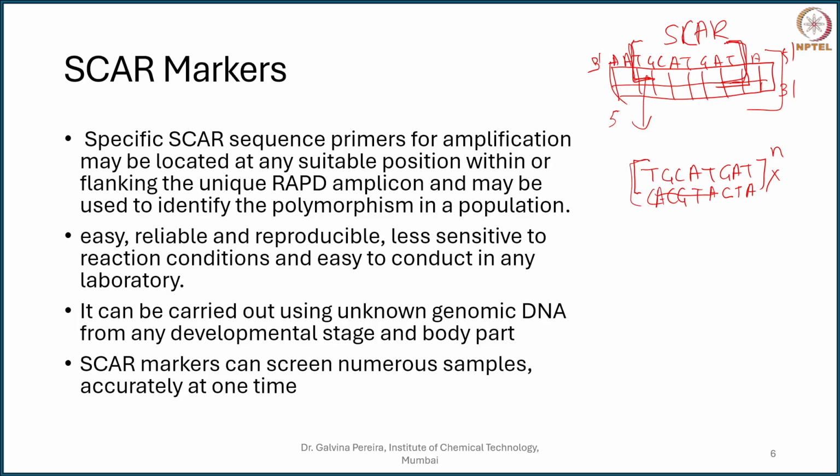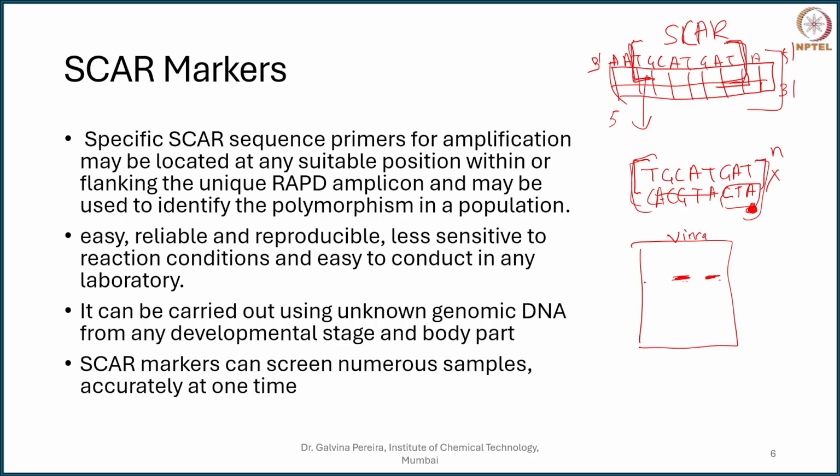Now next time when I have to check whether my formulation really contains Vinca or not, I will use this particular primer, which is radio labeled. Once I radio label it, I know in my electrophoresis, if this is the primer band and this is the sequence which I am getting for my Vinca, because they are the same in size, that means this is a Vinca sample.